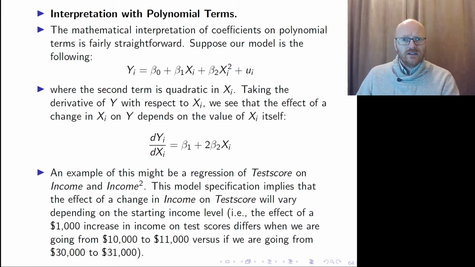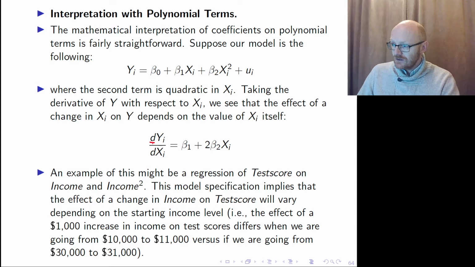So interpretation is actually quite straightforward. Suppose we have the quadratic formula, and we take the derivative of y with respect to x. We see that the effect of the change in x on y depends on the value of x.